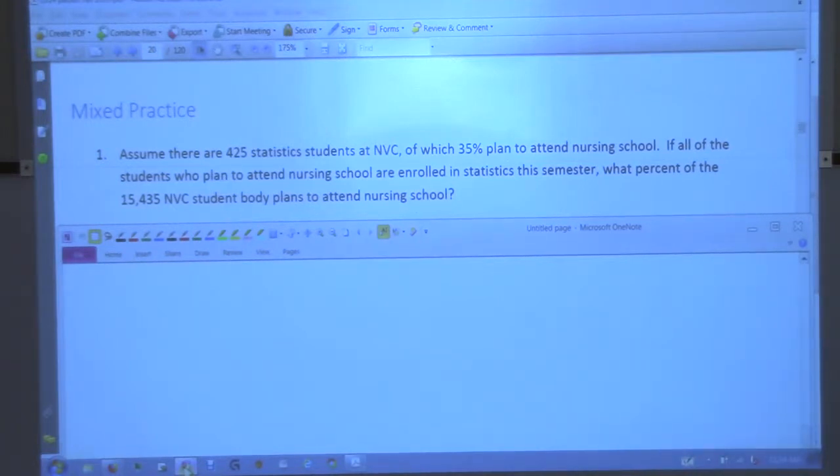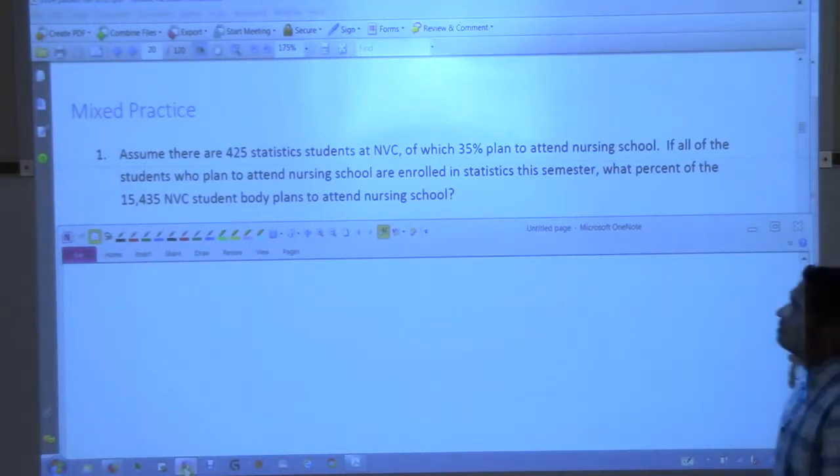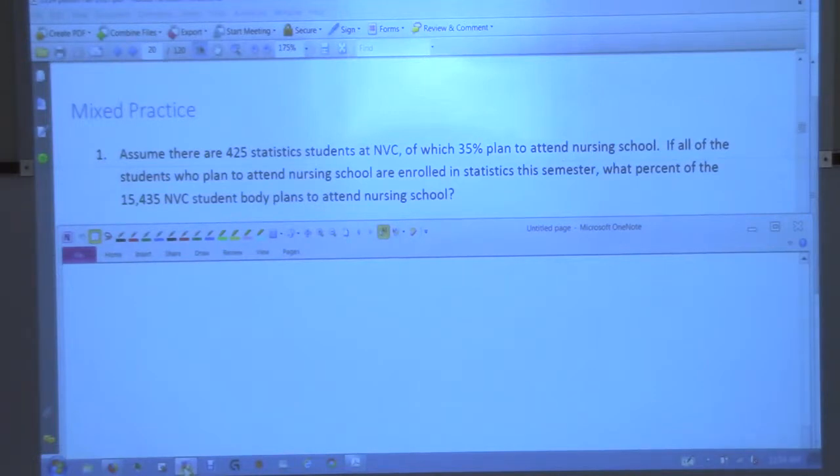If all the students who plan to go to nursing school are enrolled in statistics this semester, what percentage of the 15,435 students at NVC plan to attend nursing school? I'll let you read that again.